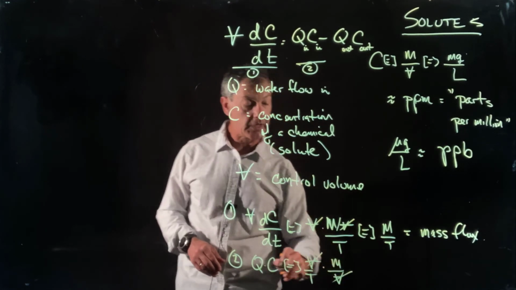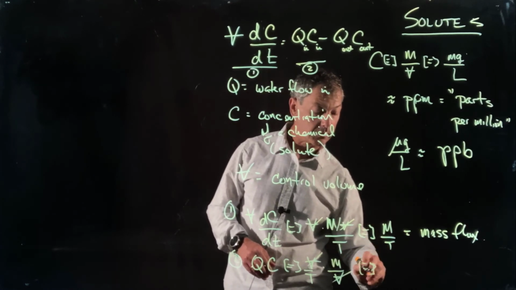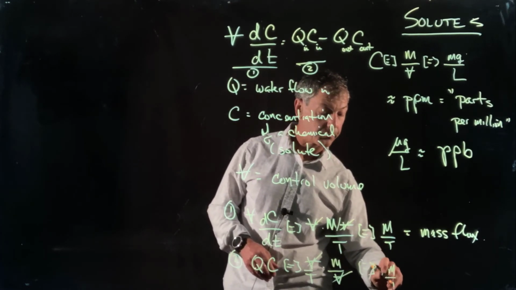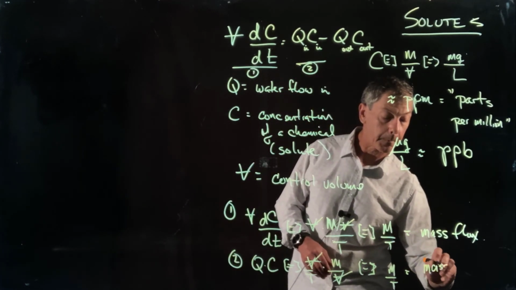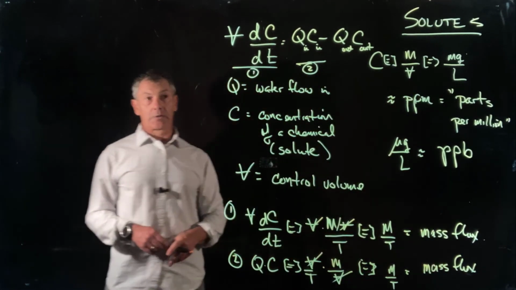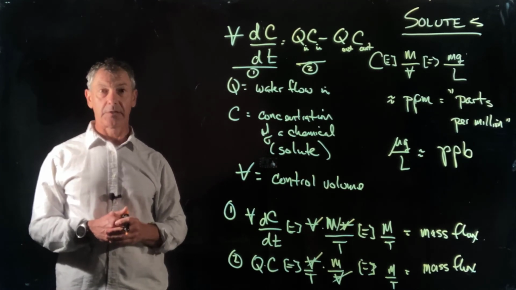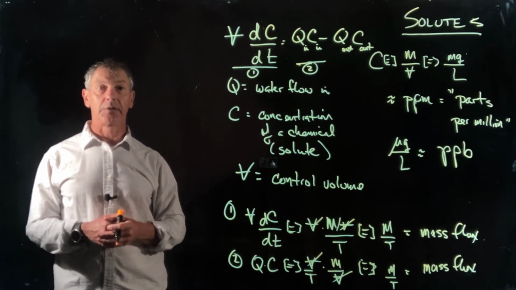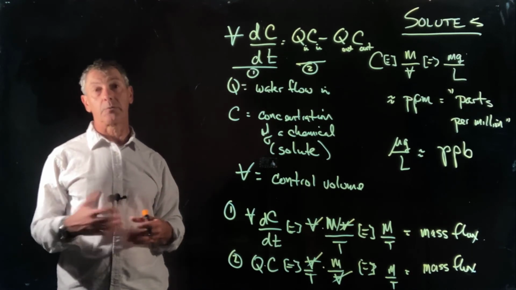And now the volumes cancel out, and we have units again of mass per time, which is again a mass flux. Okay? So now we know how to treat a mass balance for a solute, not just for the volume of water, or the mass of water, or even the heat of water.